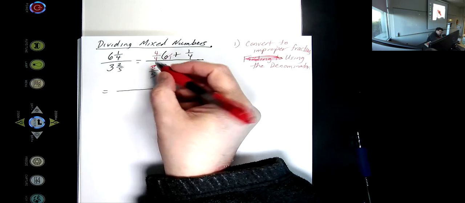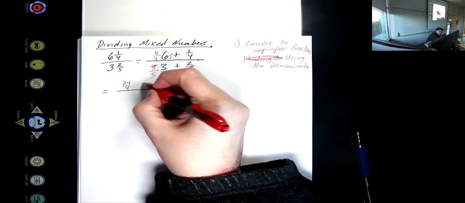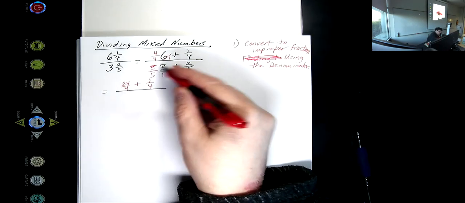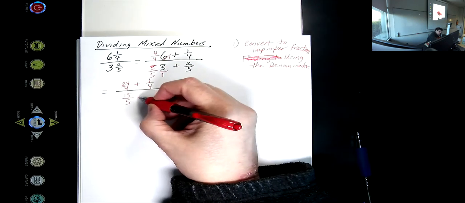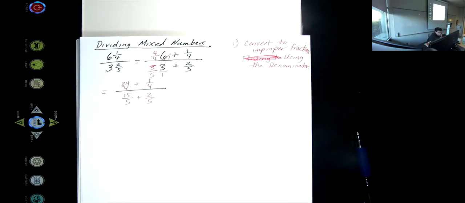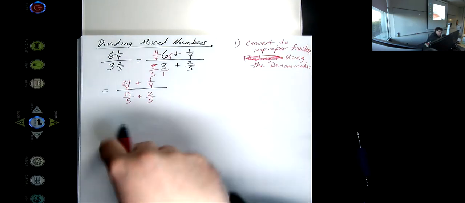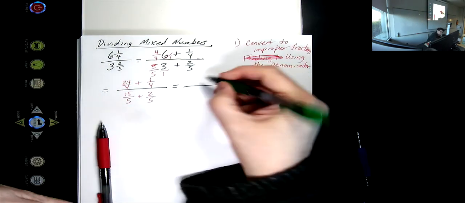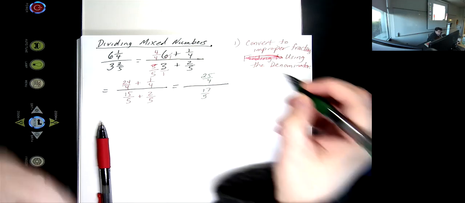On top, I've got 24/4, 4 times 6, plus 1/4. On bottom, I have 5 times 3 is 15 over 5 times 1 is 5, plus 2/5. And when we add those together, I have 25/4 on top and 17/5 on bottom.